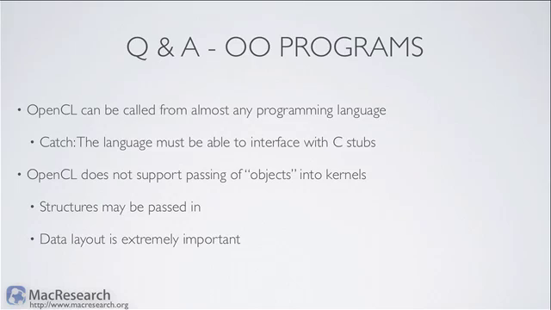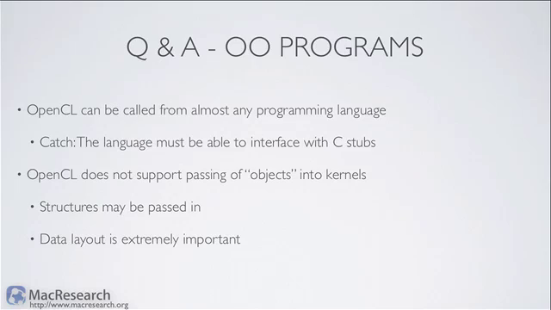The JIT compilation that occurs on your kernels assumes that this is C with the OpenCL extensions, and that's it. So while you can call OpenCL routines from object-oriented programs, you can't pass objects in. If you're using, say, C++ or Objective-C, your methods can make calls out to OpenCL. They just can't pass any of the instantiated objects into the kernel.